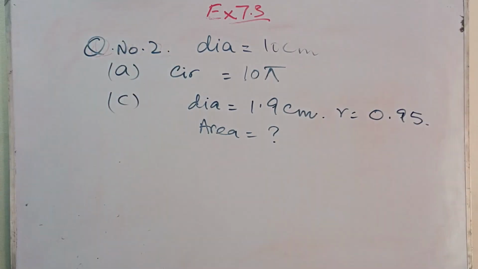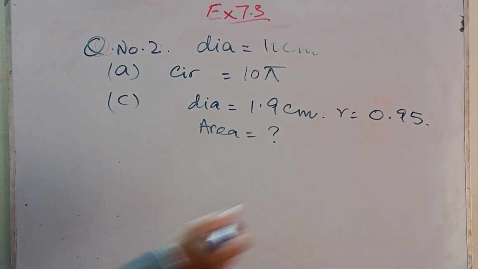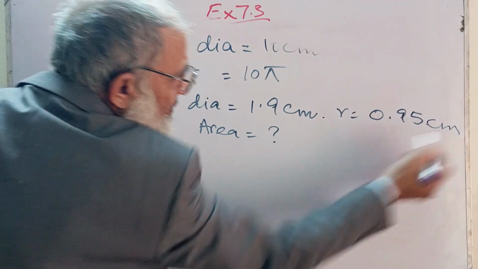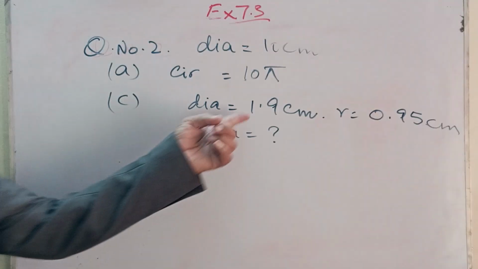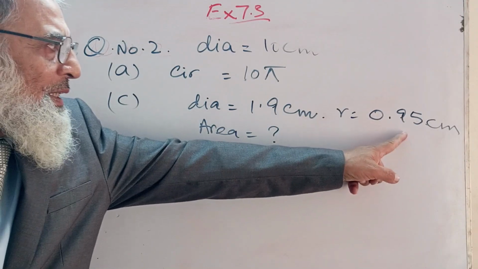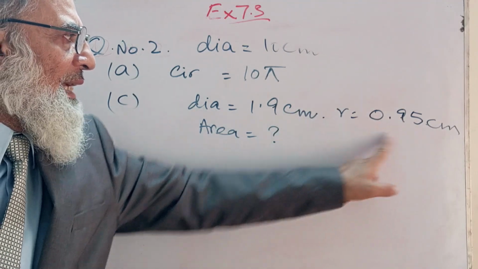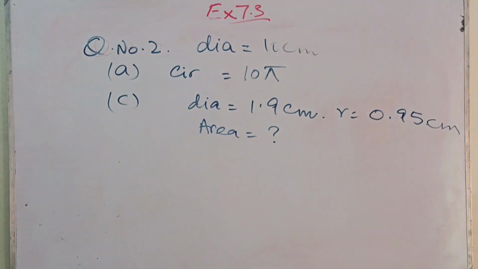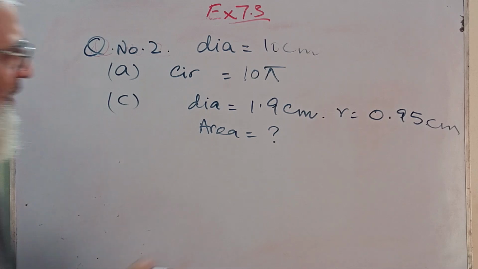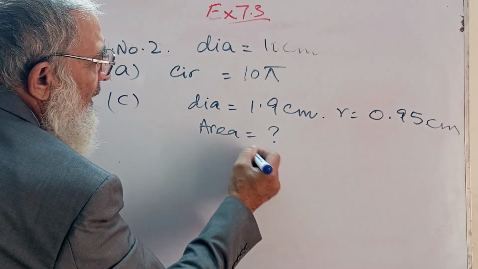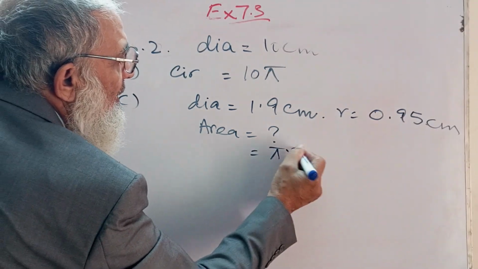So r is equal to 0.95 centimeters exact. If it had been 2, it would be 1. So it is 1.9, so the actual radius will become 0.95. So area is equal to pi r square.